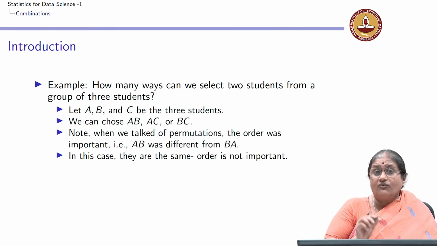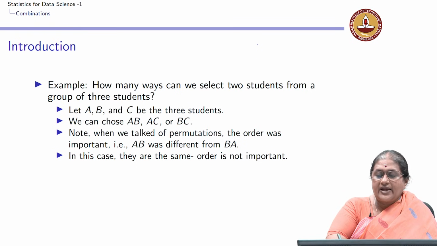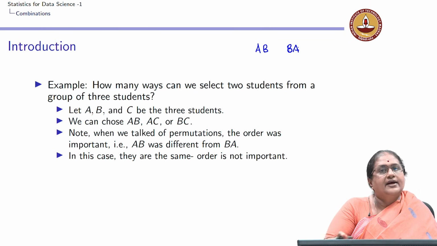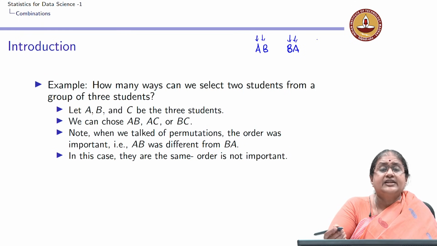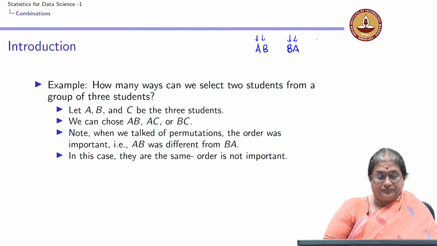Now what you have to clearly understand is that whether I write AB or BA makes no difference to me, because I could choose A first and B second, or B first and A second, or both of them simultaneously. There is no order in a combination.